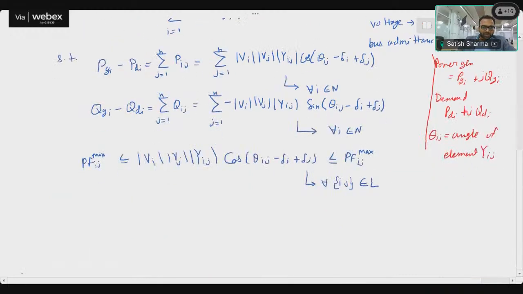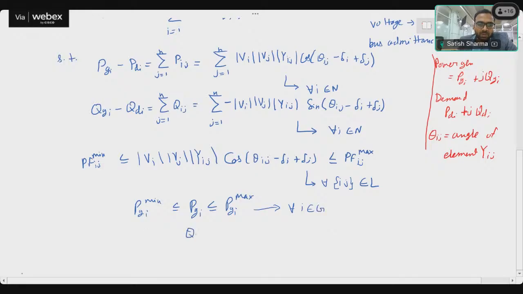So for generation limits, earlier we had PGi, which is less than or equal to PGi max and greater than PGi min. This has to be written down for all i in the set of generators.